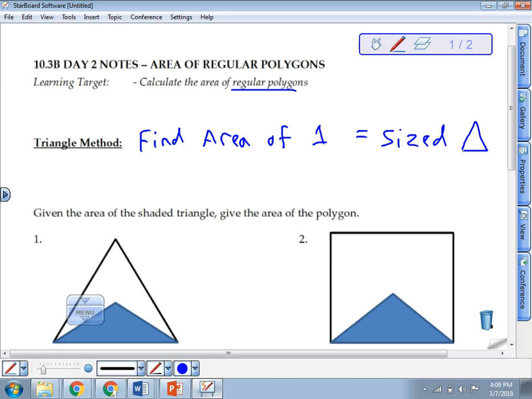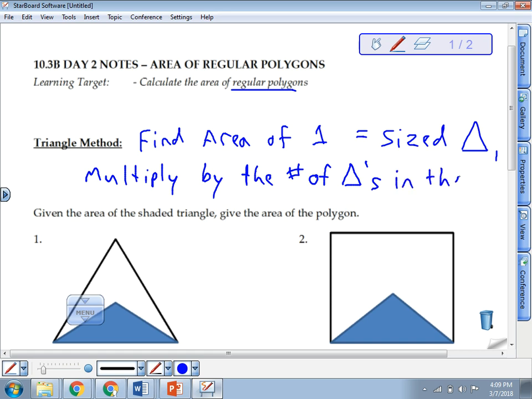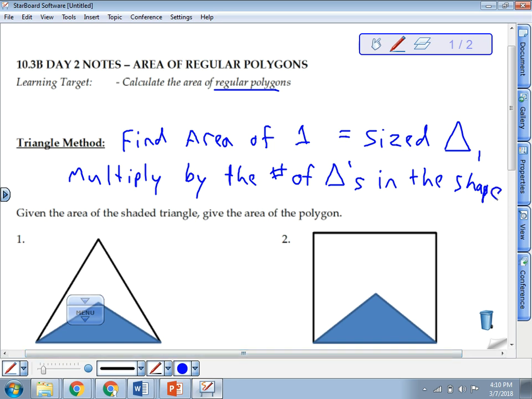Once we find the area of one of these equal sized triangles, we're going to multiply that by the number of triangles in the shape, which is the same as the number of sides of the shape. I'll show you what I mean by that in a little bit.